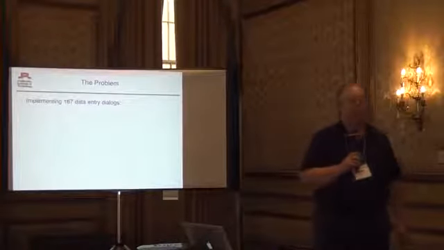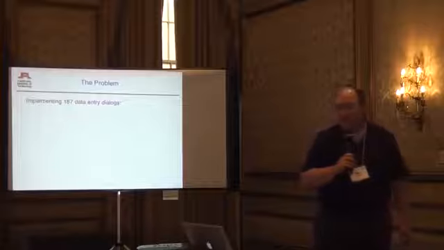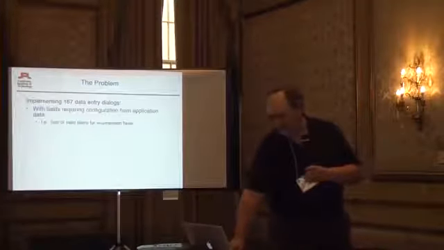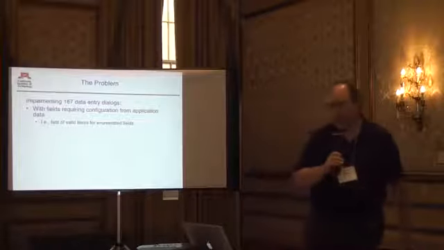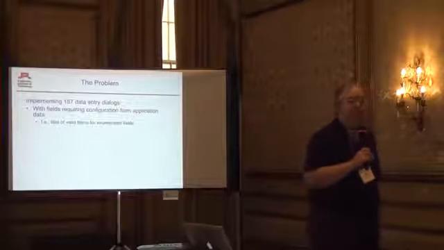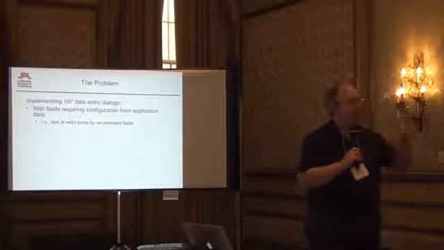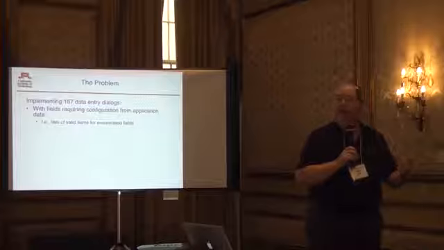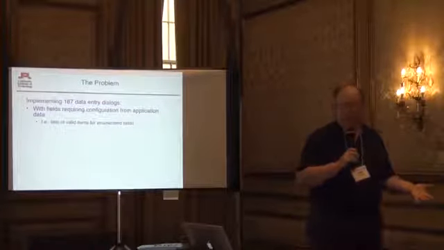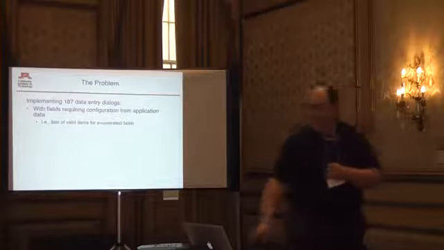We've got 187 orders. We need 187 data entry dialogs. They have fields that require configuration from application data. For example, you'll have pull downs with a list of valid items, and that list of valid items depends on what else you've got going on in your simulation. I'll show examples of that later.